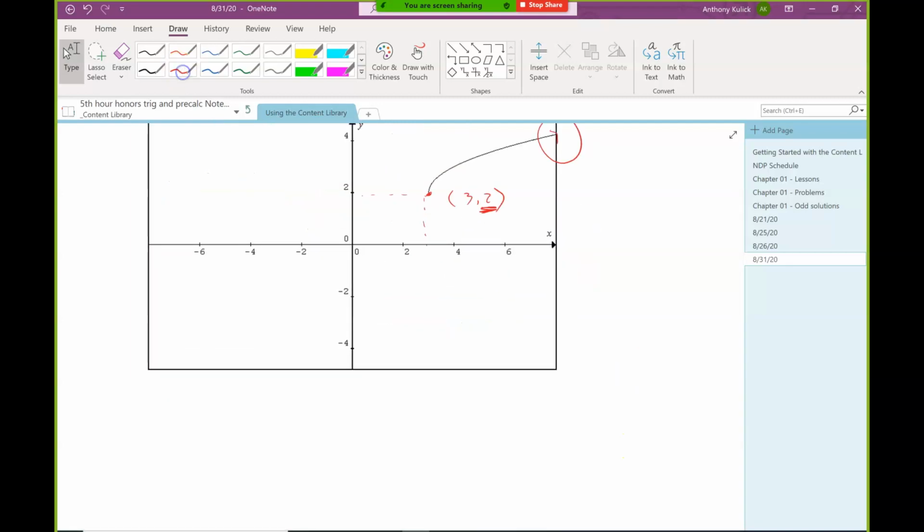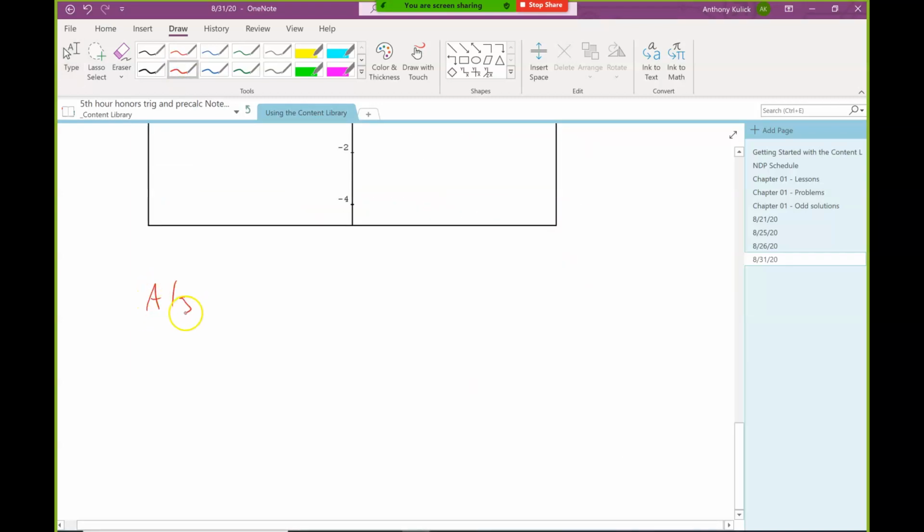I think this is the most confusing way to try to approach this, but we can try. So we have y equals square root x minus 3 plus 2, right? Okay.